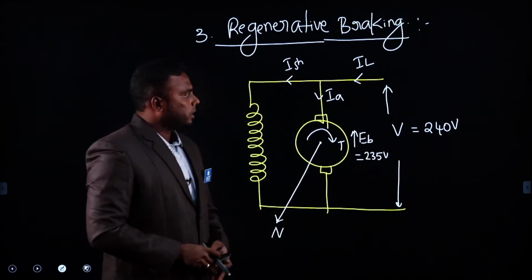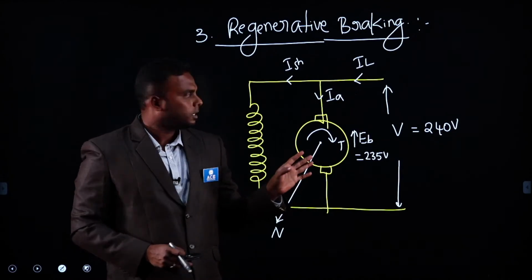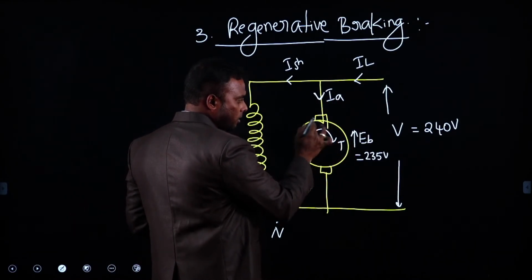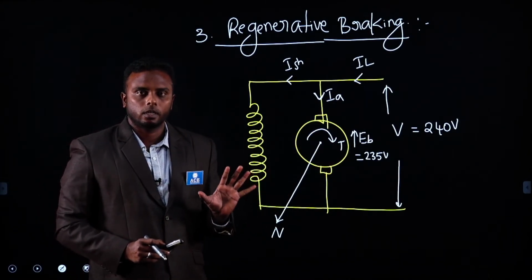As the supply voltage is higher, the current direction is always from high potential to low potential, so the armature current passes in this direction. Torque is developed clockwise and the motor rotates clockwise.